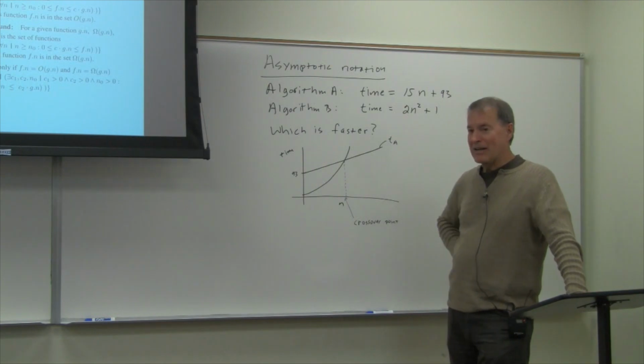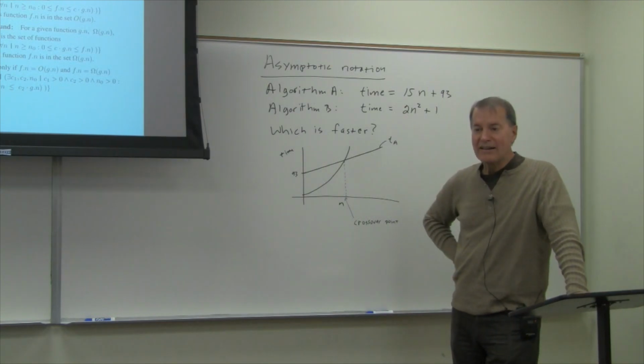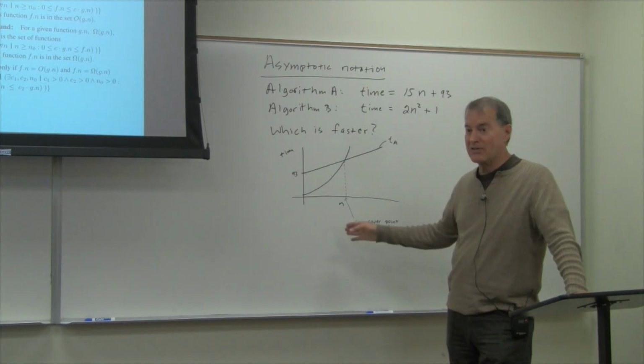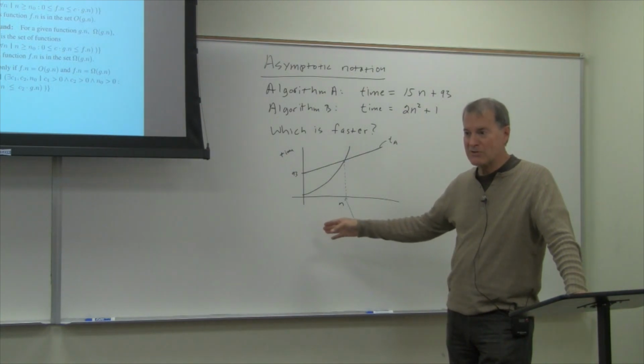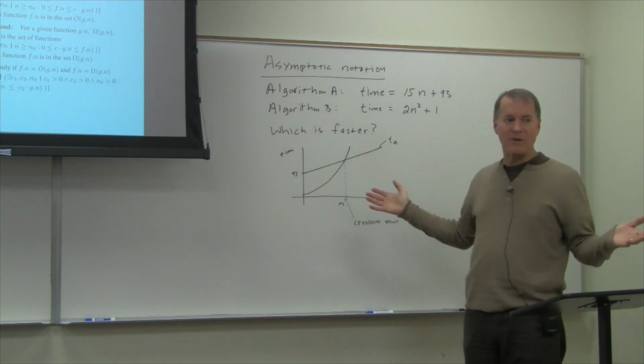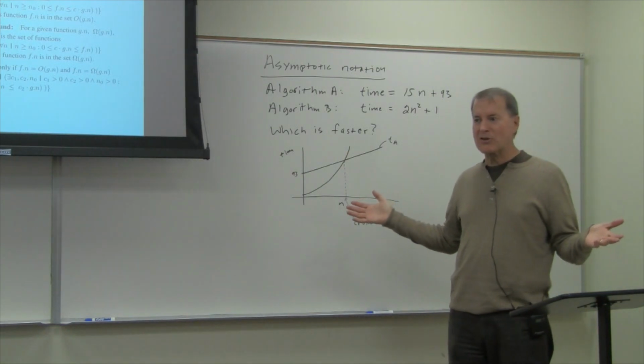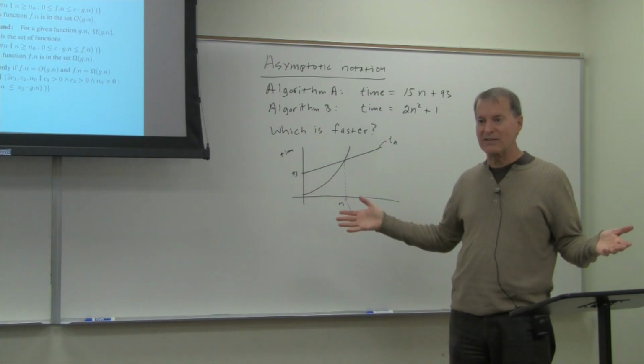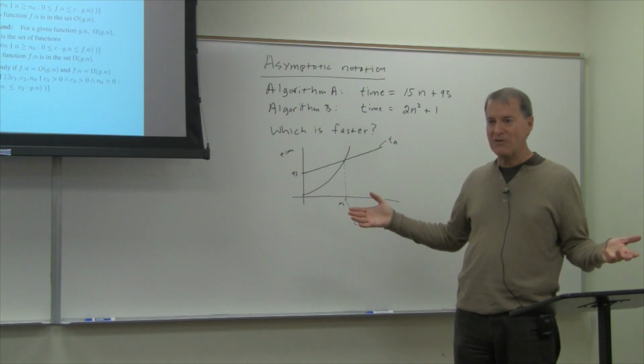But now, you guys, which one is the most important region? Are you really interested in an algorithm that works really, really well for small numbers of data? Normally, our programs are used to solve big problems. The bigger the problem, the more we want to use the computer to solve it, right?